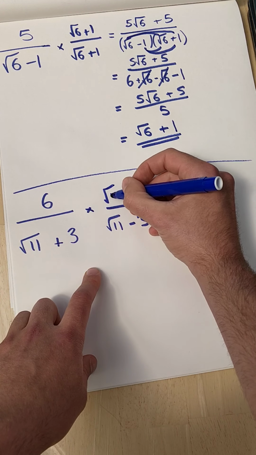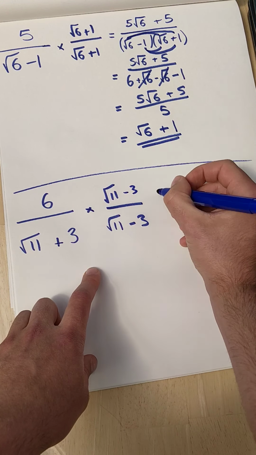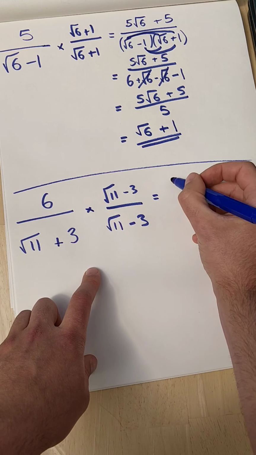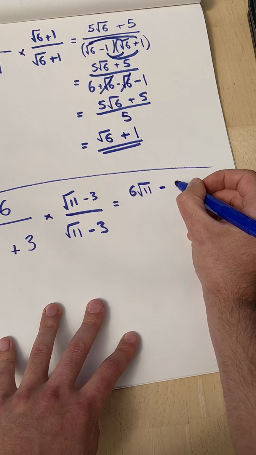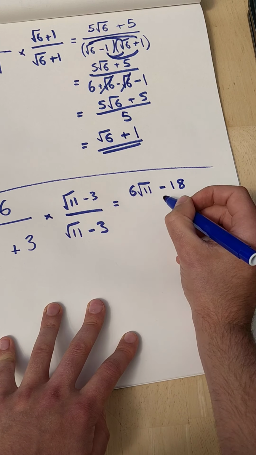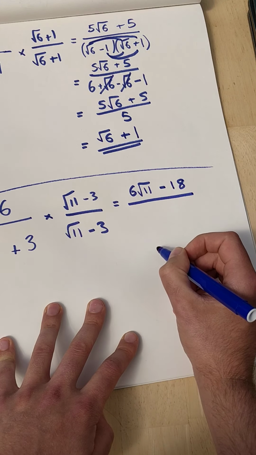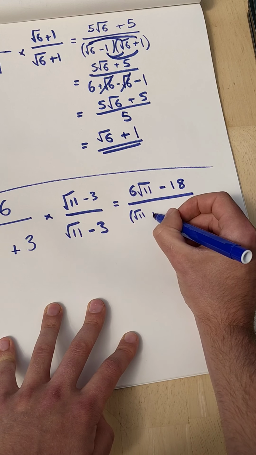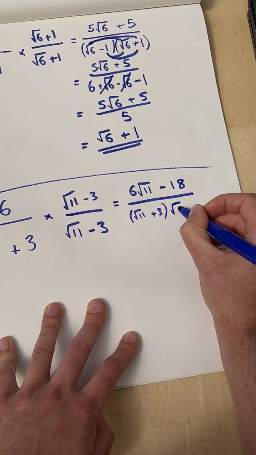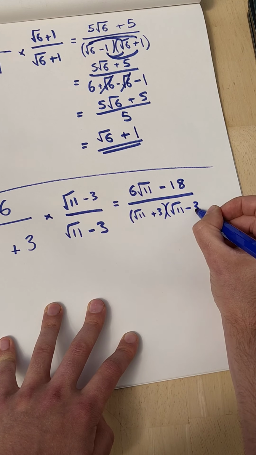Okay, and then root 11 minus 3. So what we're going to get at the top is 6 root 11 minus 18. And then down the bottom, I'm going to get root 11 plus 3, root 11 minus 3.